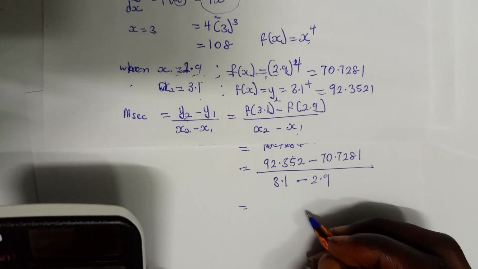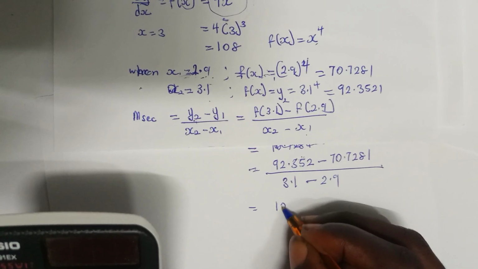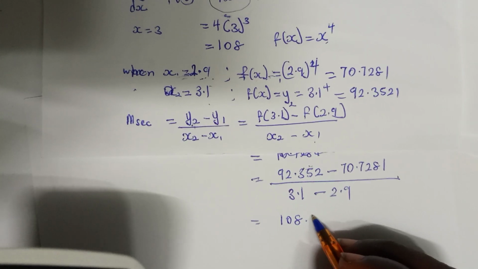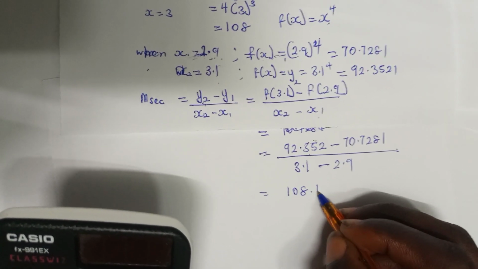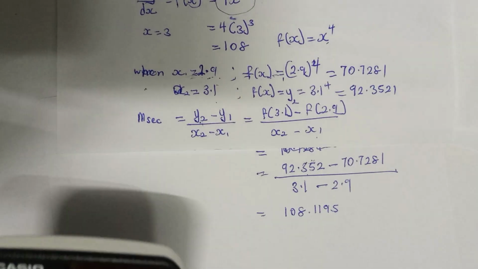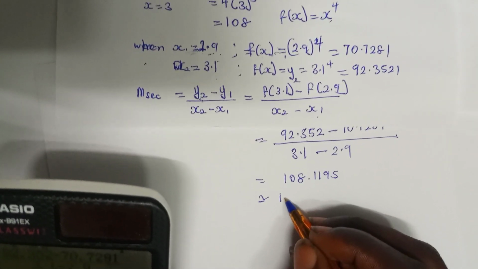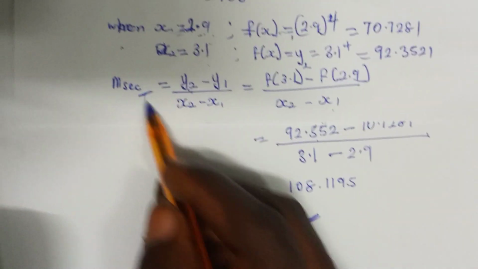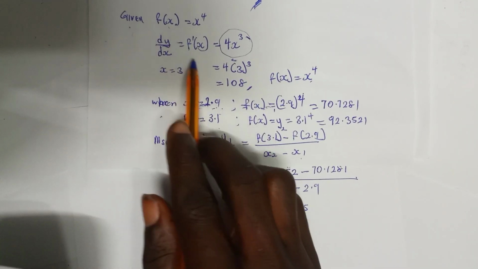So we are going to get 108.1195, which is approximately 108. So the gradient of the secant here corresponds to the derivative of a function.